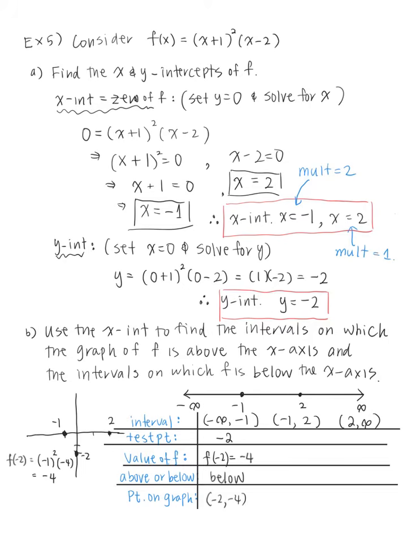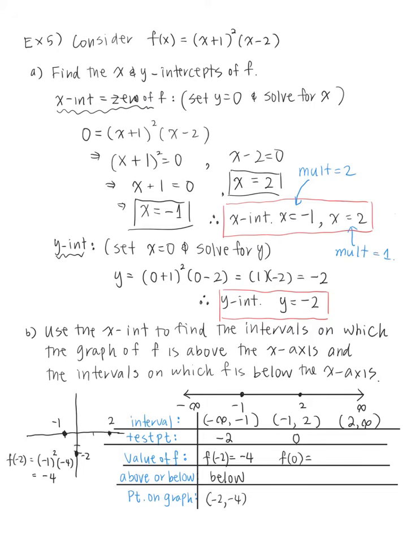Now, we're going to do the same thing for each interval. So let's take a look at the next interval, from negative 1 to 2. You can pick any number that you want in between. How about 0? 0 is inside of here, isn't it? So I'm going to pick 0. The value of f at the test point is f of 0.